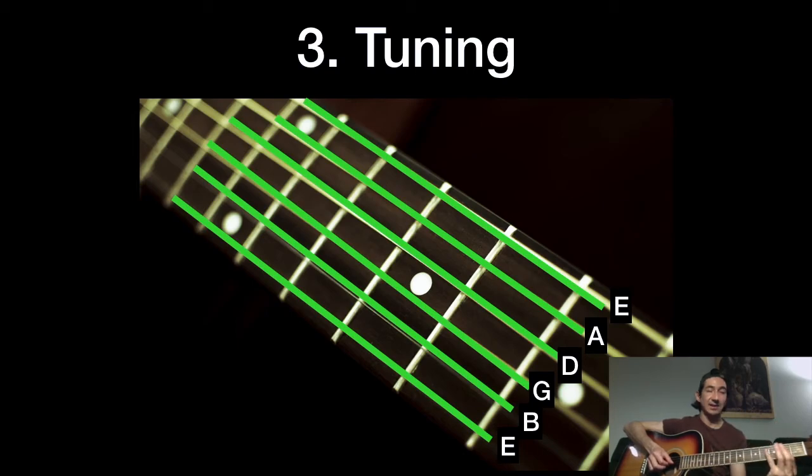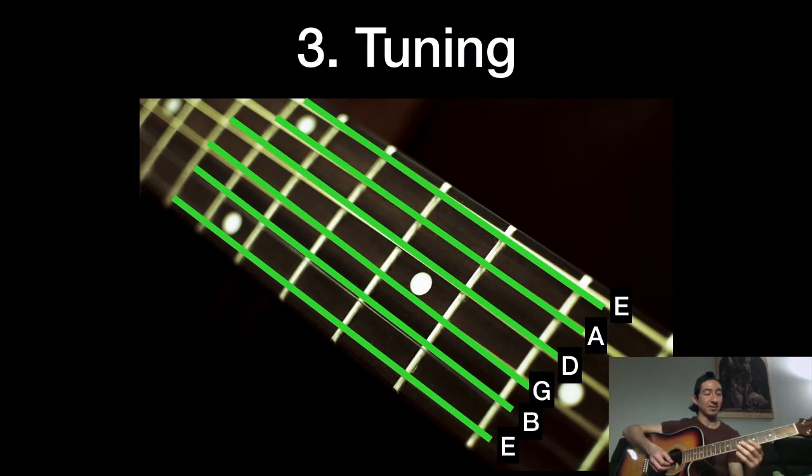Then after G is A. This is B, right? And B is our second string. So in this case it is the fourth space of the third string. Then B, after B comes C, D, and finally E. And E is the first string.